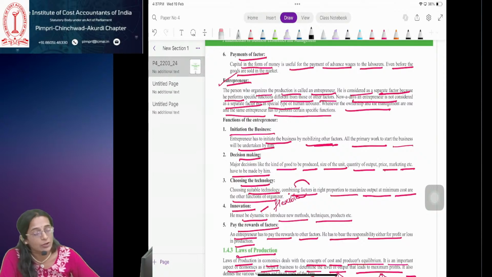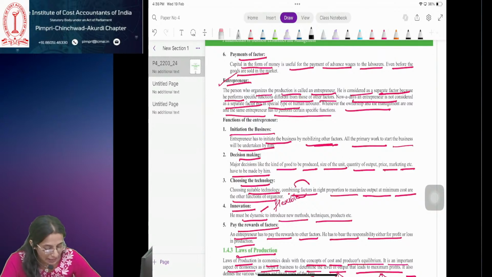Cost will get reduced, production efficiency will increase, productivity will increase, right? And our profit will increase. So the entrepreneur is the person who has to build that environment of innovation and improvement in the process and the efficiency. So naturally, the cost reduces, efficiency increases, productivity increases, output increases, and profit increases, right?